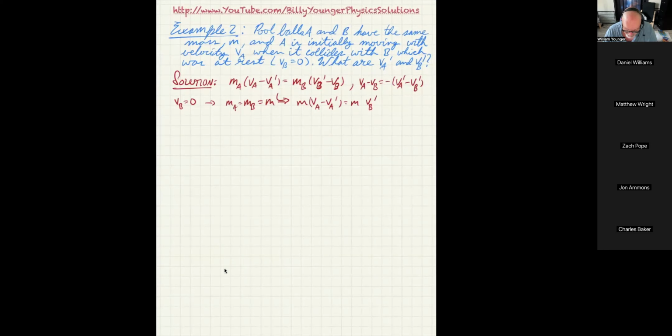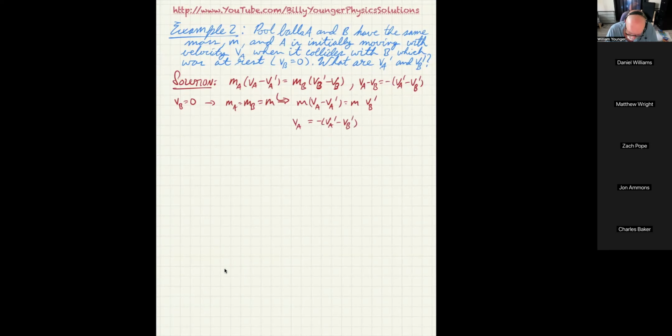With that in mind, we're in a bit of a crunch. So I'm going to use the other equation, which says, with VB equal to zero, VA is equal to negative VA prime minus VB prime, like that.